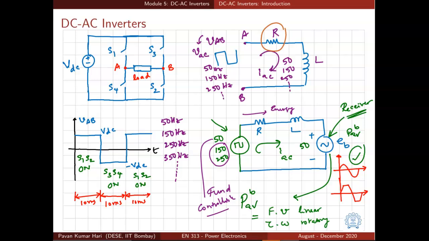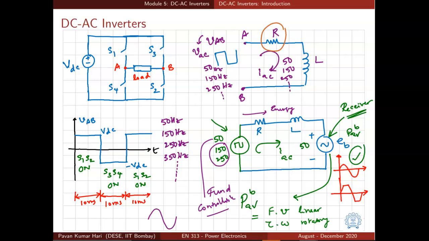One objective is that the 50 Hertz component of the square wave, or any AC voltage that you are generating with your inverter, should be variable, and all other harmonic components should be as small as possible. Remember, these two objectives hold good for the case of EB being a pure sinusoid.